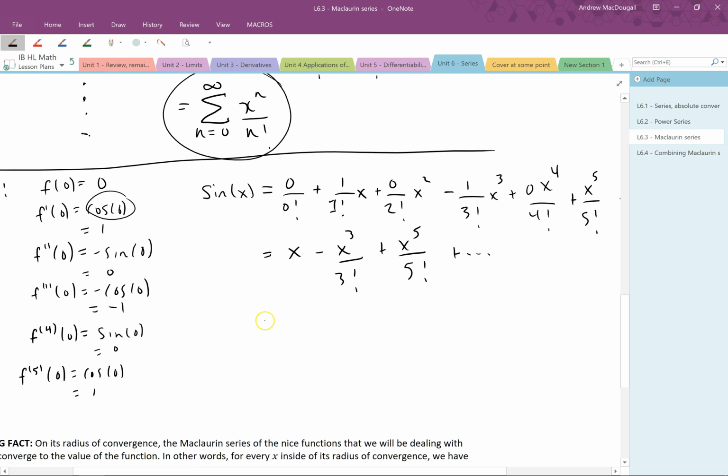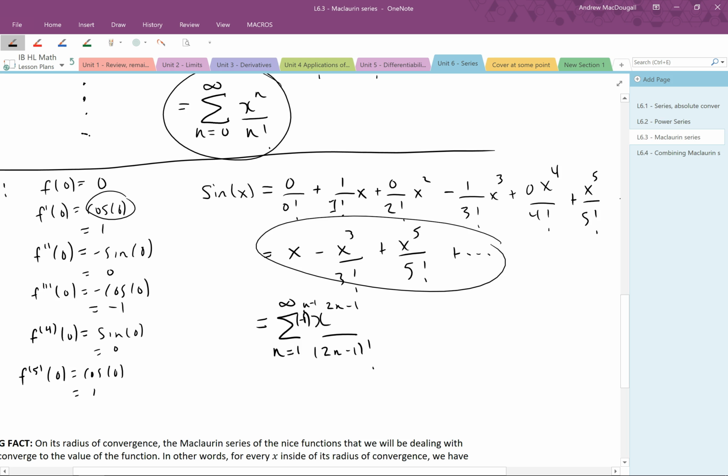So really, if you wanted to be nice and fancy, the sum from 1 to infinity of x to the 2n minus 1 over (2n minus 1) factorial. That should work. And we forgot our negative 1. We want to start positive, so we have to do (negative 1) to the n minus 1. But this will suffice, writing it like this.